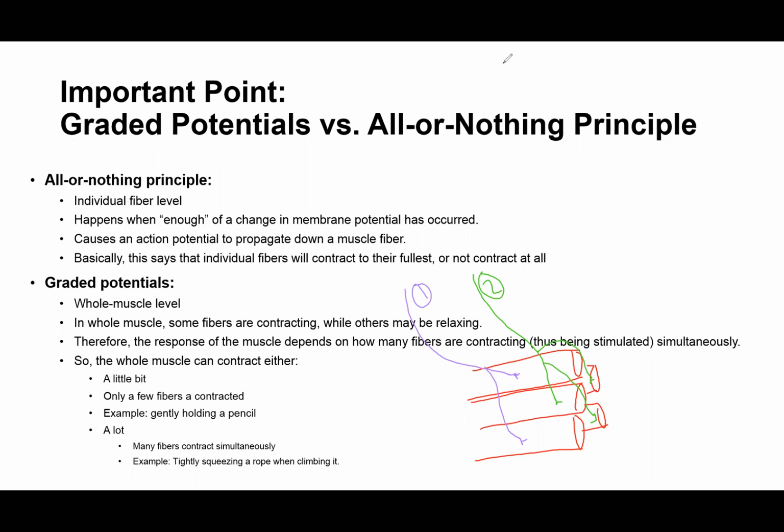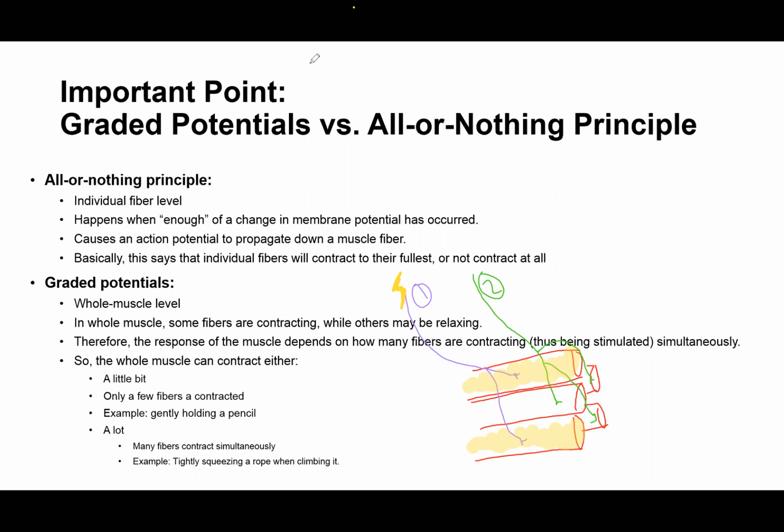Now, as these individual fibers are located in the whole muscle, say we have stimulation occurring to motor unit 1. That means that only this fiber and this fiber are going to be shortening. These other 3 fibers are going to stay put, because motor unit 2 was not being stimulated.